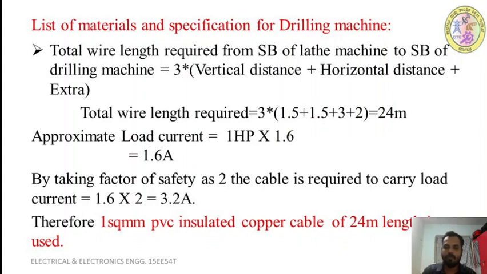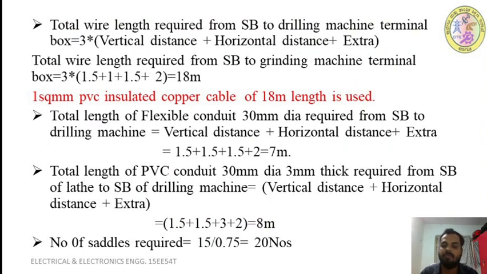So we have taken the supply from the starter board of the lathe to the starter board of the drilling machine. Next we have to take the supply from the starter board of the drilling machine to the drilling machine terminals. The total wire length required is again 3 into vertical distance plus horizontal distance plus extra.